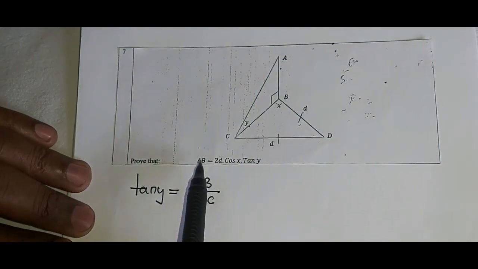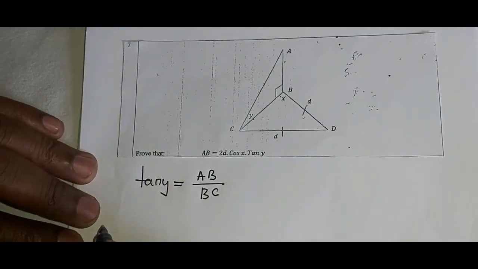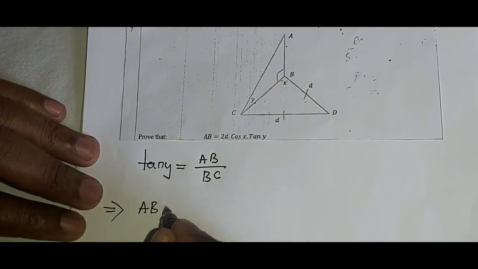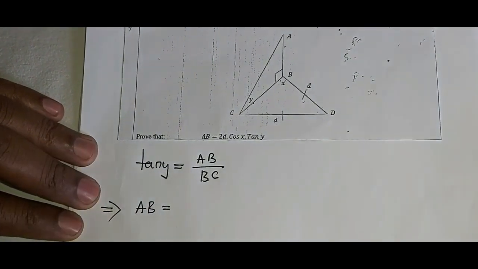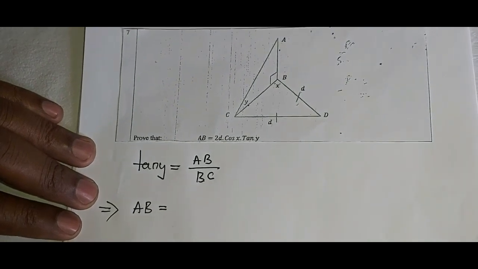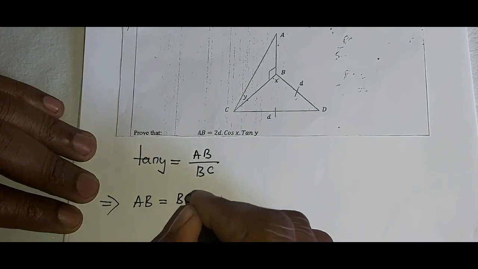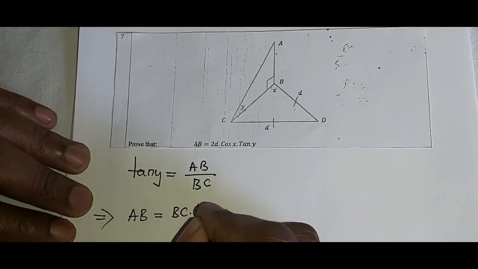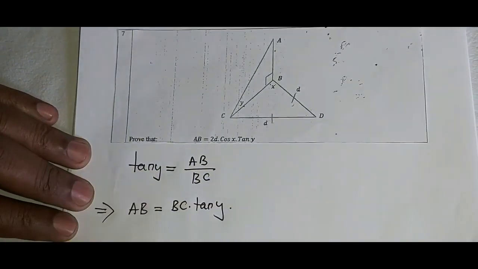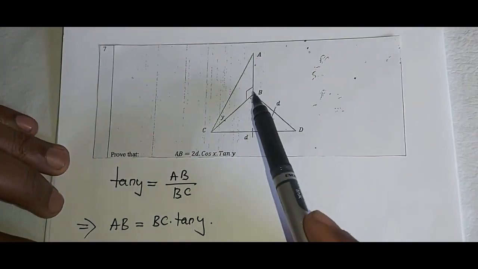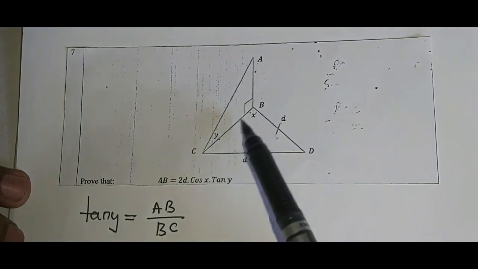Since the question is looking for AB, we multiply BC to the left-hand side, which means BC multiplied by tan of y is equal to our AB. Now we need to look for BC.